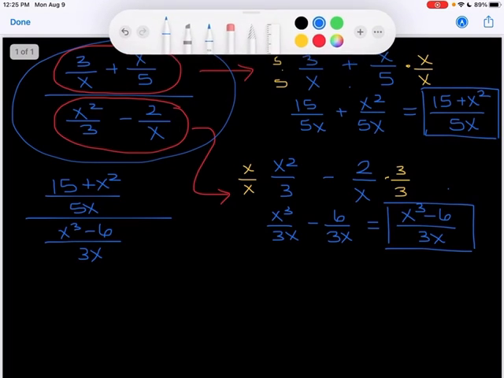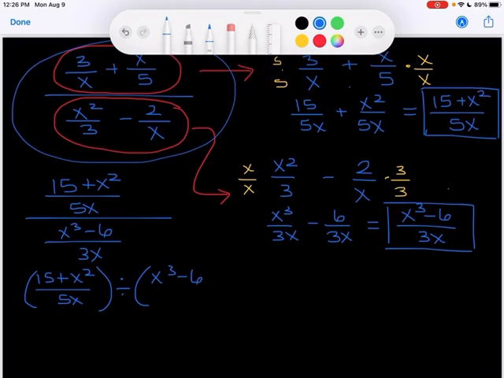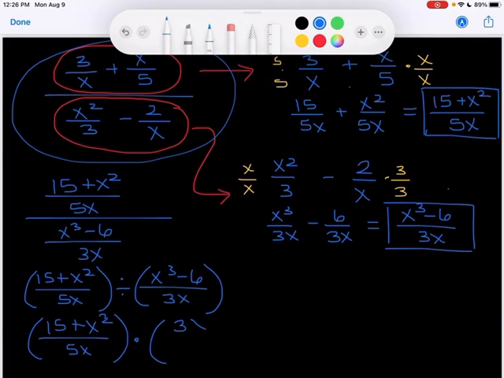I'm going to write 15 plus x squared over 5x divided by x cubed minus 6 over 3x. And then I'm going to keep it, change it, flip it. So I'm going to keep my first fraction, 15 plus x squared over 5x, times, and then flip this one, 3x over x cubed minus 6.